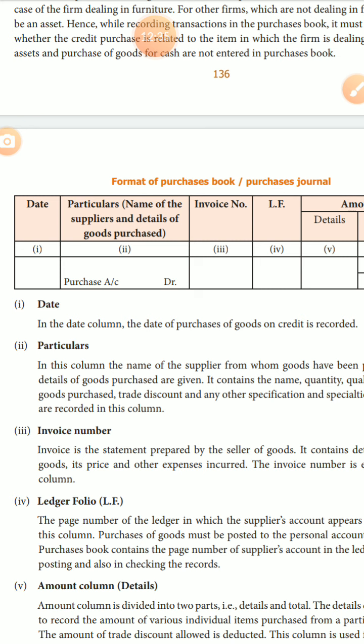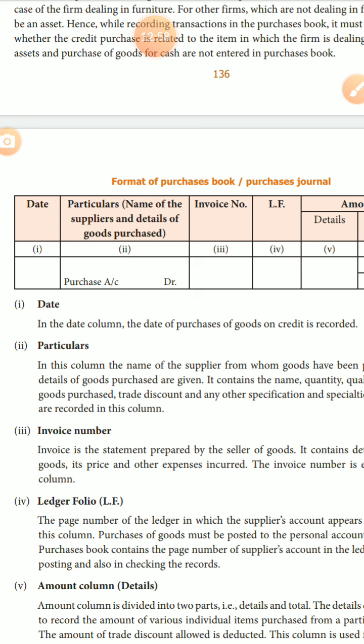Next one, ledger folio. The page number of the ledger in which the supplier's account appears is recorded in this column. Purchase of goods must be posted to the personal account of suppliers. It contains the page number of the supplier's account in the ledger.